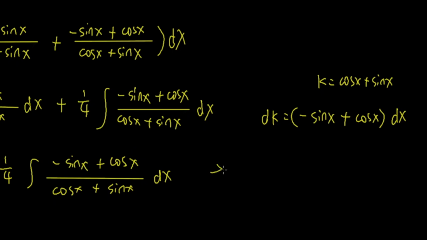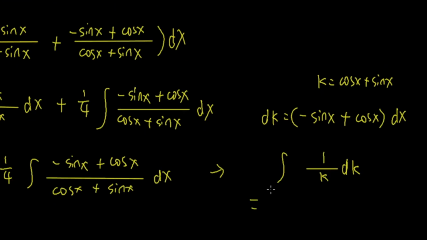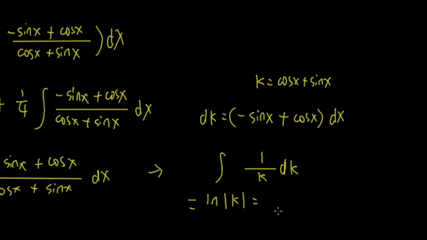So this integral will become the integral of 1 over k dk. And that's just equal to ln of k. And k is equal to cosine x plus sine x. So this part here is equal to ln of cosine x plus sine x.